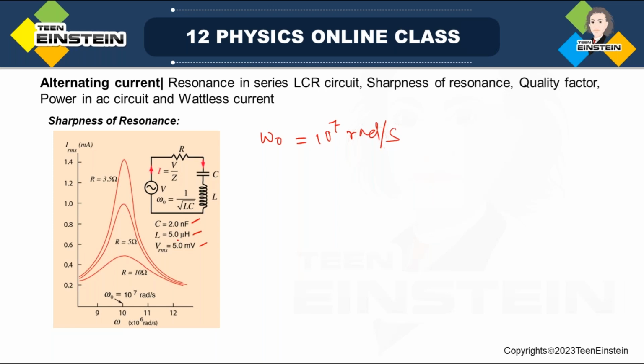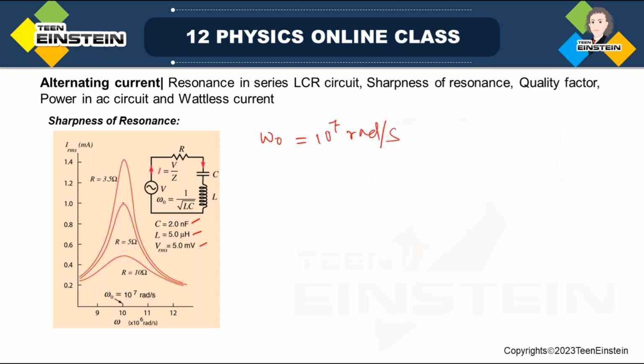and an inductor of inductance 5 micro Henry has been used. With these circuit elements, R is actually varied: 10 ohm, then 5 ohm, and then 3.5 ohm, or from 3.5 ohm to 5 ohm and 10 ohm.